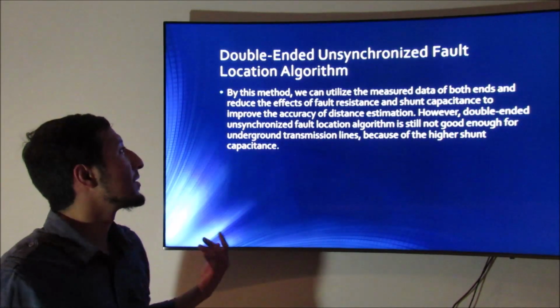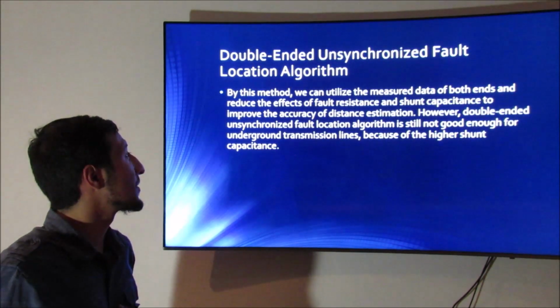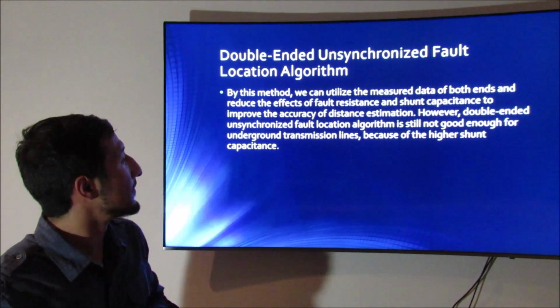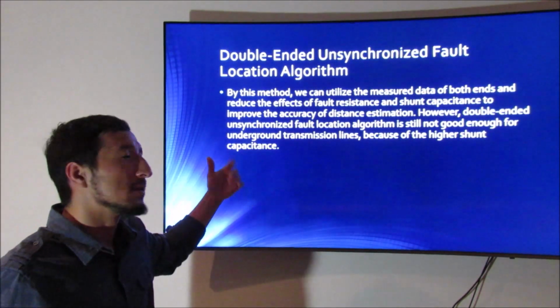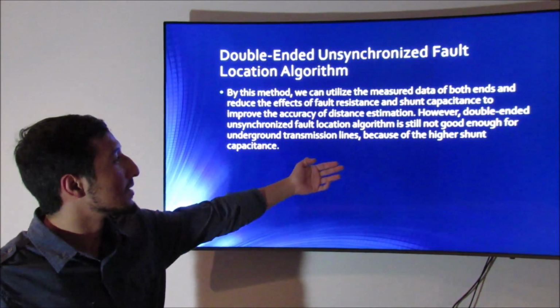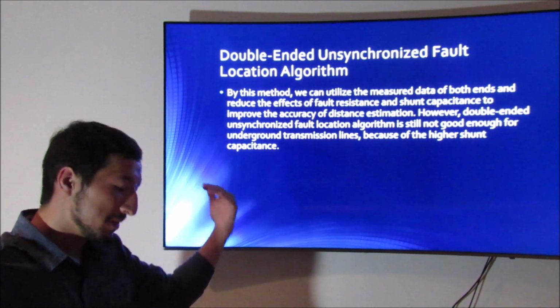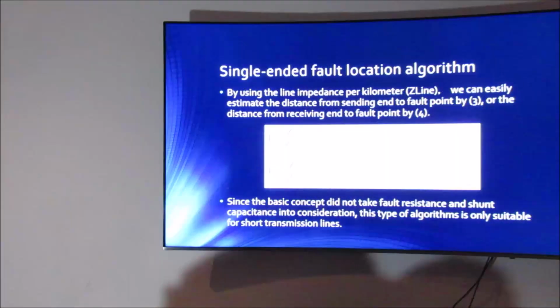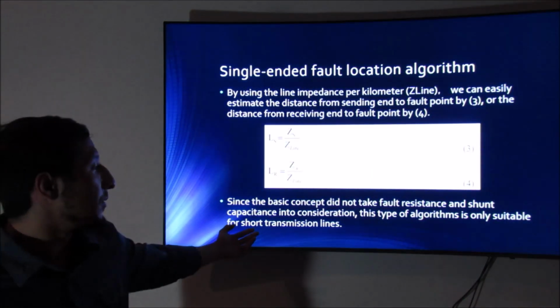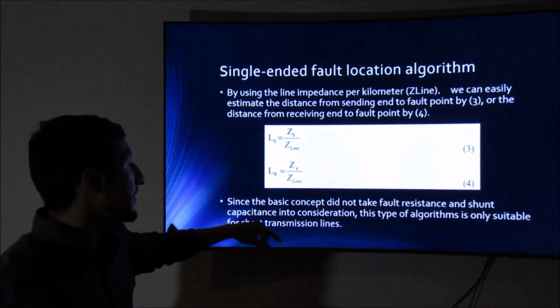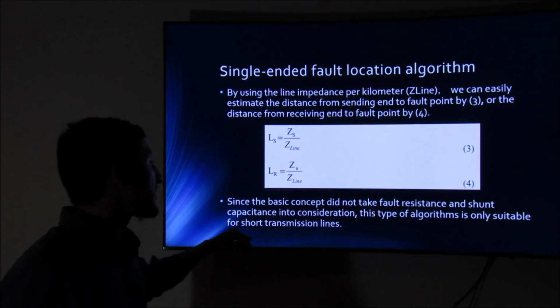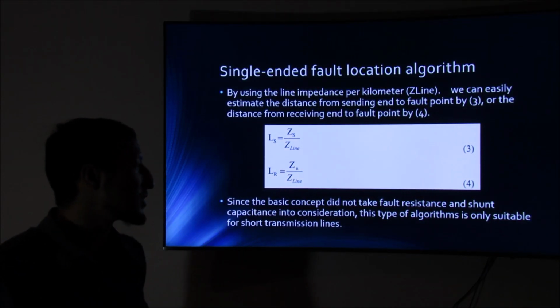They also have the double-ended unsynchronized fault location algorithm. The concern with this method was that it was still not good enough. The first method, which is the single-ended, was not very good since it did not take fault resistance and shunt capacitance into consideration.